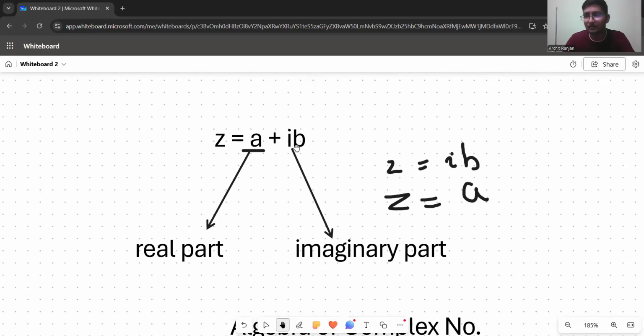Iota is simply an imaginary number which has a equal to 0 and b equal to 1. So we can actually have something like iota b.